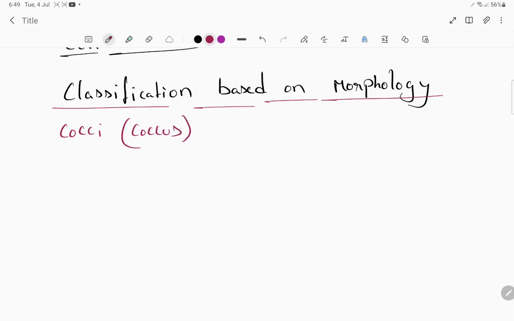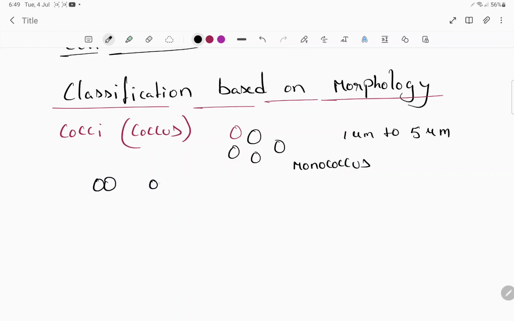They are oval or spherical but without flagella. The spherical cells have a diameter of 1 to 5 micrometers. They may occur singly, and then we call it monococcus. If they occur in pairs, we call it diplococcus.